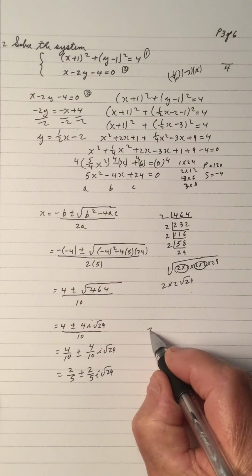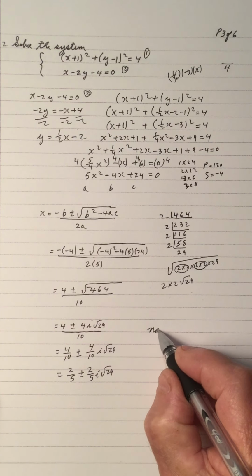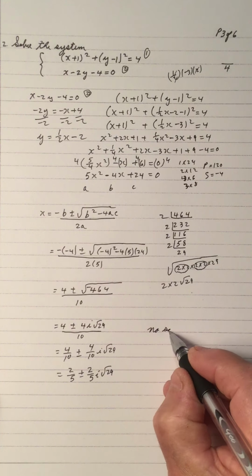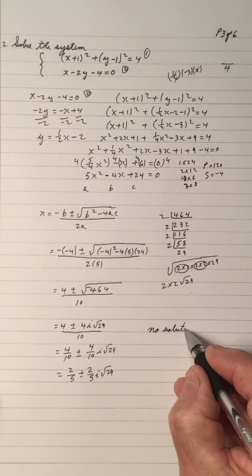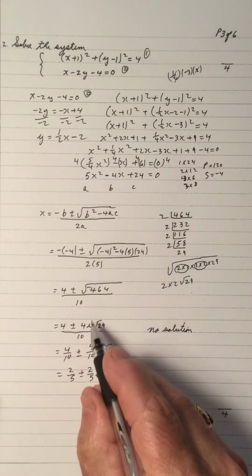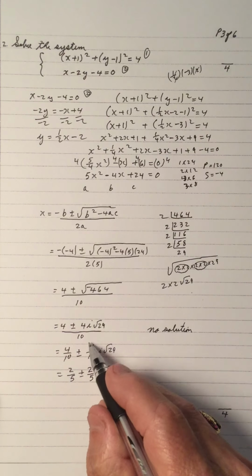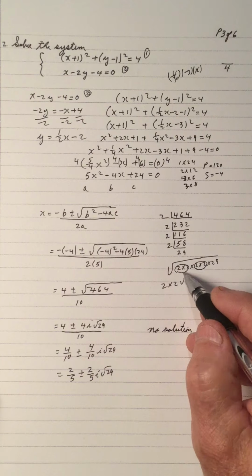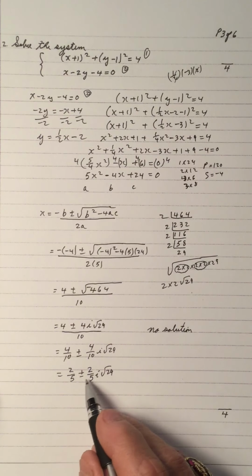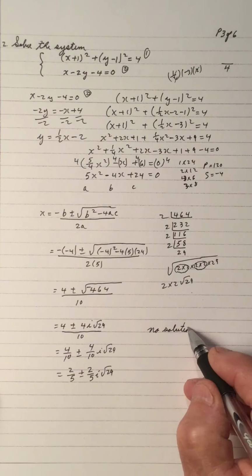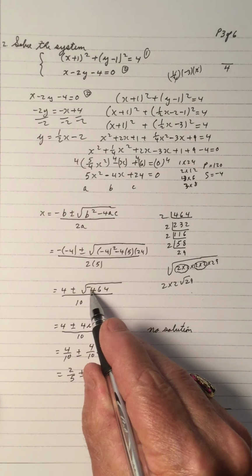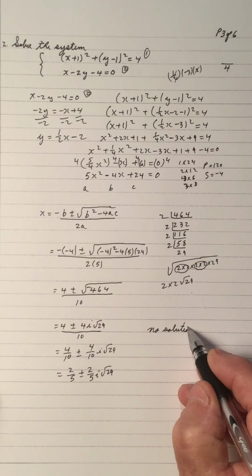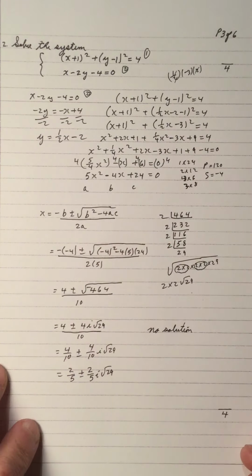That means this has no solution, because I have imaginary numbers. Now I worked this out just to show you how to simplify a radical and work this expression. But because I have a negative number underneath the root, that means I have no solution to this system.